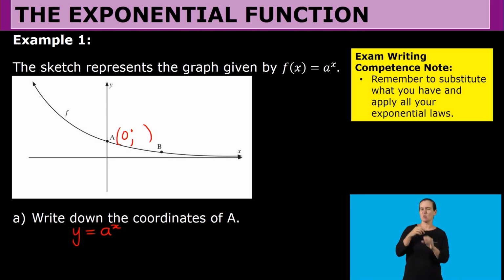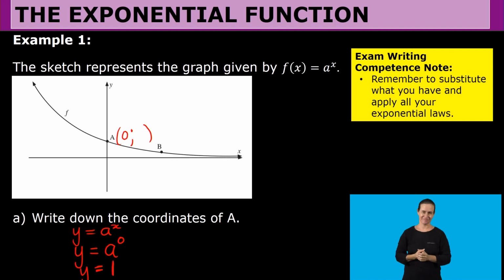Let's just substitute and see what I'm talking about. So this is y is equal to a exponent x. The only thing we do know about this coordinate of A, or what we can substitute here, is of course that value of x, and we do know that the value of x there is 0. Now, going back to those exponential laws, what do you know about anything that is raised to an exponent of 0? Yes, it will be 1.